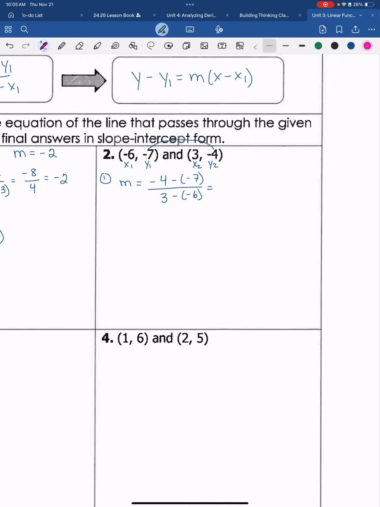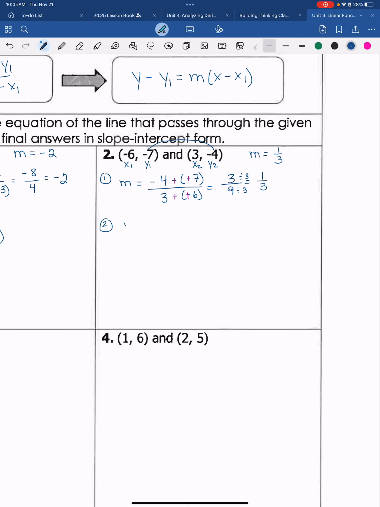I see I have a couple negative negatives, so I'm going to change those to positives. So I have negative 4 plus 7, which is 3, and 3 plus 6, which is 9. I'm going to simplify my fraction to 1/3. So I know now that I have a slope of 1/3.